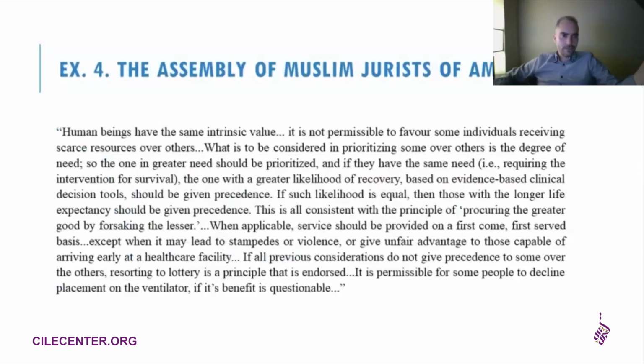Let's move quickly because we have only 15 minutes left. The fourth fatwa, the fourth example, is a fatwa issued by the Assembly of Muslim Jurists of America. You can read this summary of the fatwa.